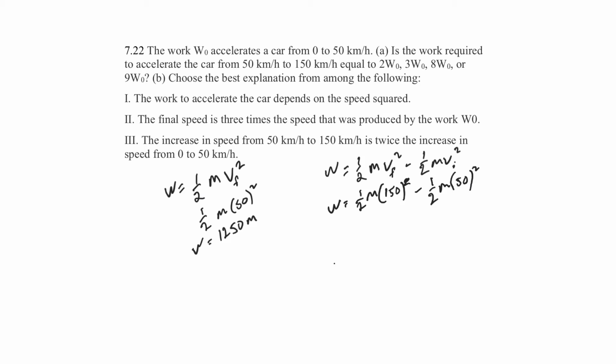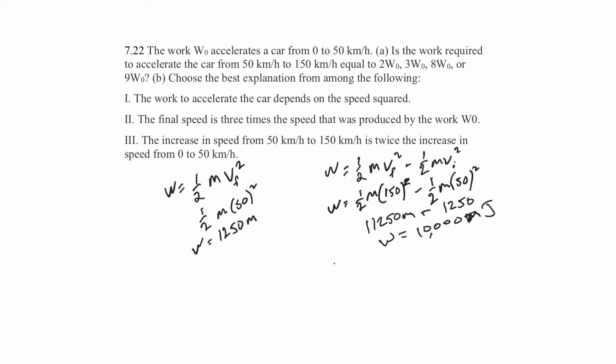So 150 squared divided by 2 is 11250 m, minus 1250 m. The work equals 10,000 joules times the mass.